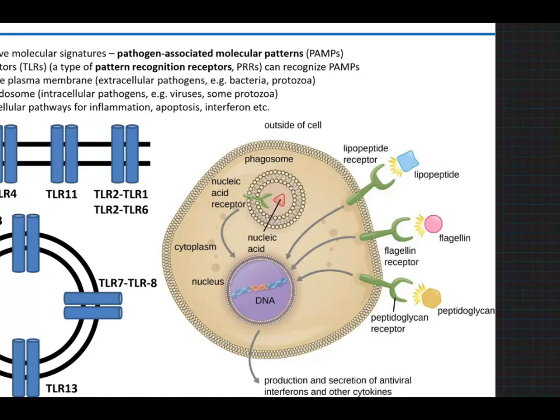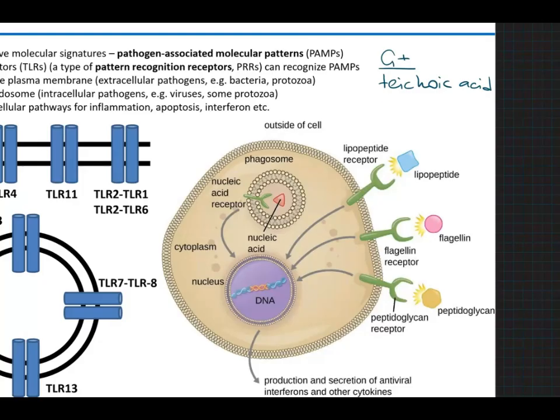Remember, in the first unit, we were talking about gram-positive versus gram-negative organisms, right? And we mentioned that gram-positive organisms have teichoic acid, for example, in the cell wall, right?